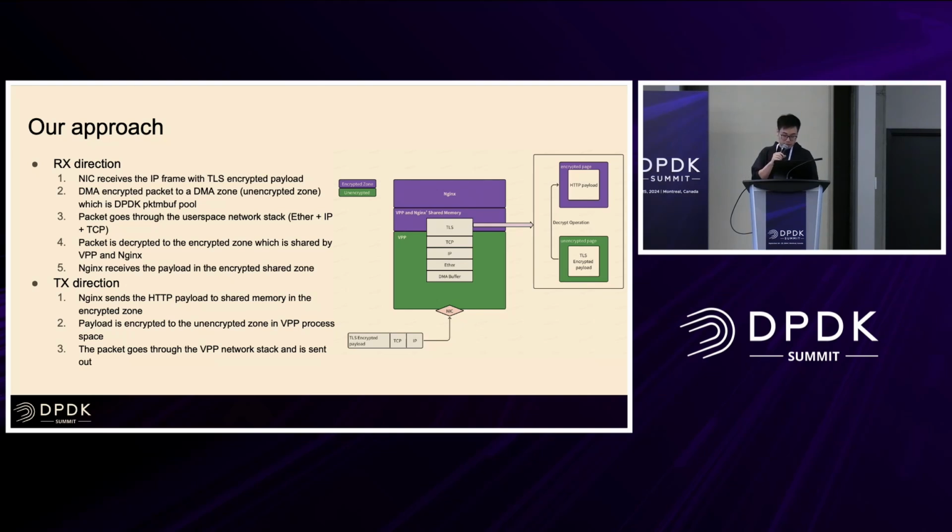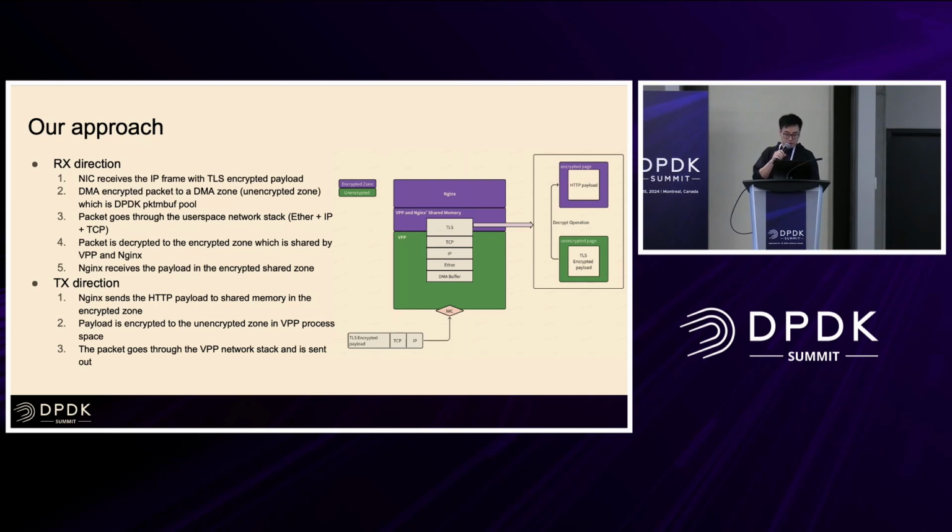Now, instead of doing a DMA write into the software IOTLB bounce buffer, this TLS encrypted packet will be DMA written into a packet mbuf pool that is sitting in an unencrypted zone. And since it is TLS encrypted, we are not concerned about any security breach, even though where this packet is now is shared between the host and the guest.